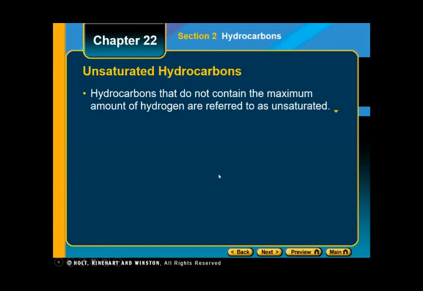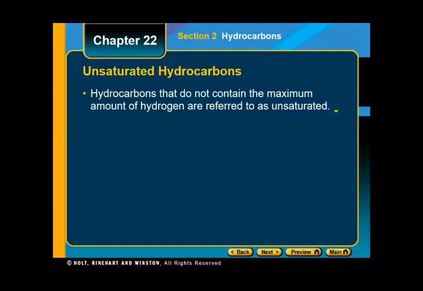Let's talk about the second type of hydrocarbon, which is the alkenes. Before we talked about alkanes with A, and now we are going to talk about alkenes, with E. What is the difference between them?